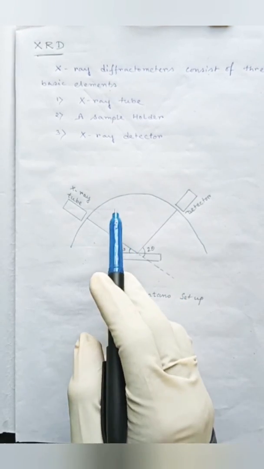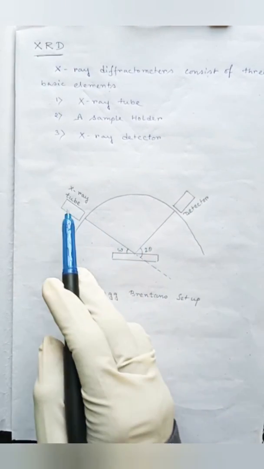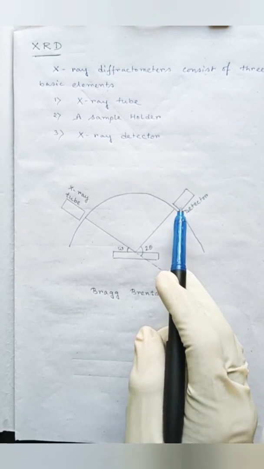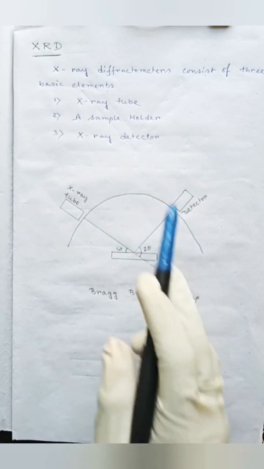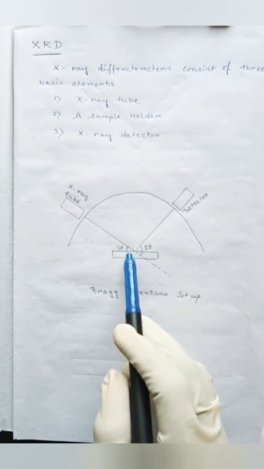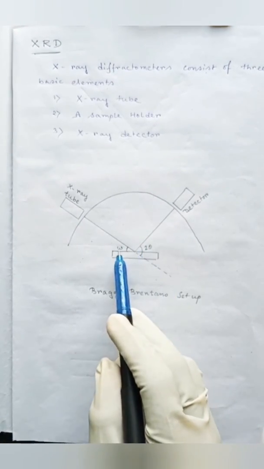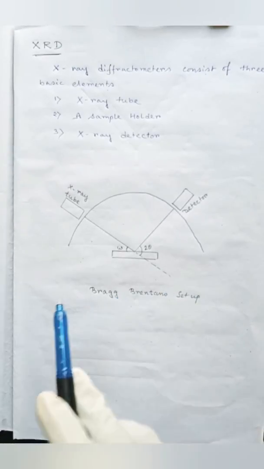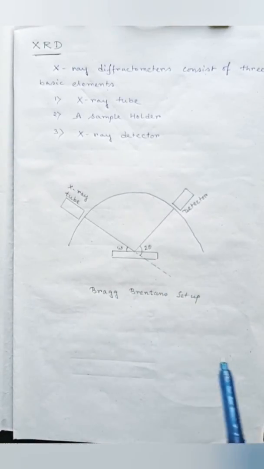In this case, we have taken the sample as fixed and the other two, X-ray tube and the X-ray detector, rotate along this line. And this is the omega angle and this is the 2 theta. Basically, omega equals theta. And this setup is called Bragg-Brentano setup.